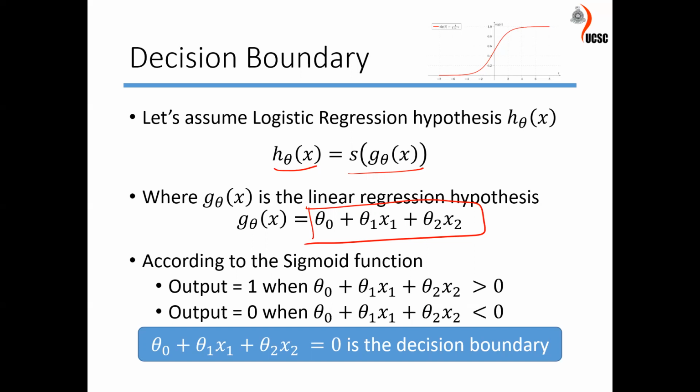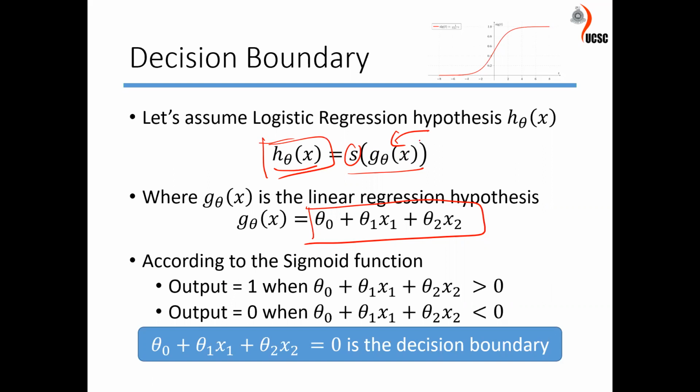According to the sigmoid function, this is our logistic regression function, then this is our linear regression function, and this is our sigmoid. So we apply the sigmoid on our linear regression.